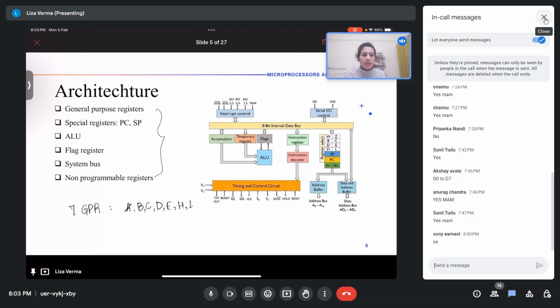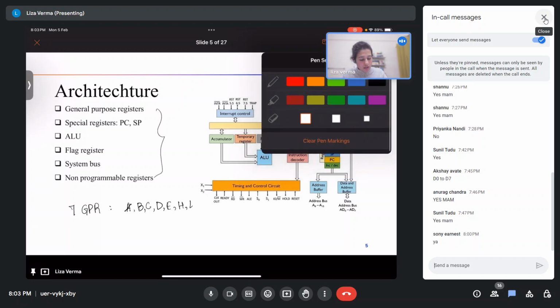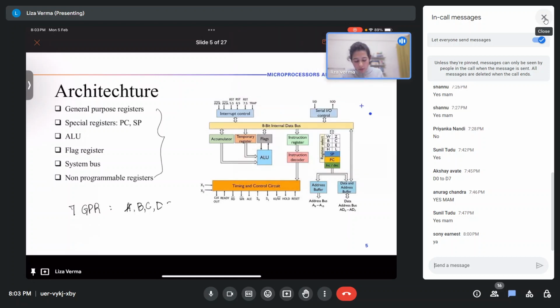Should I explain? Okay. It is used to point to stack memory. Yes. Please go on.